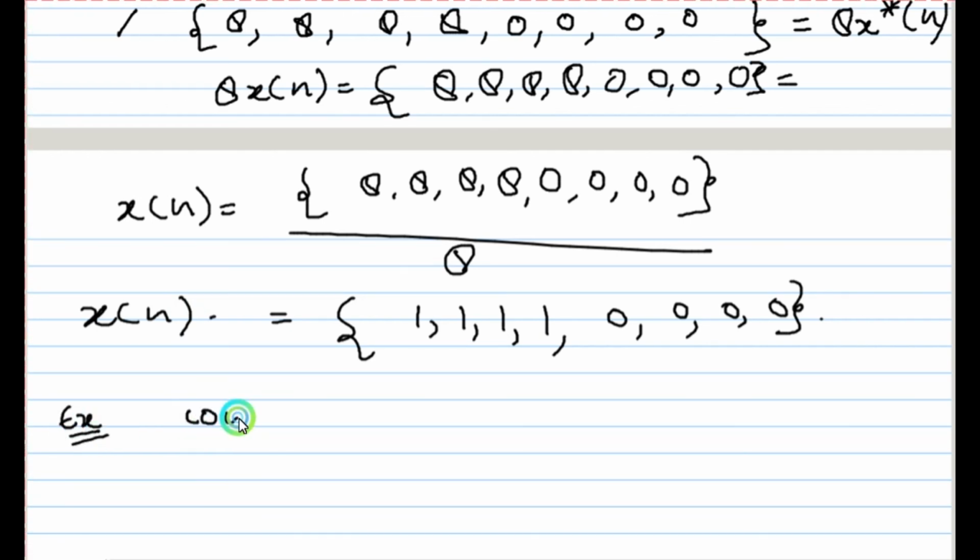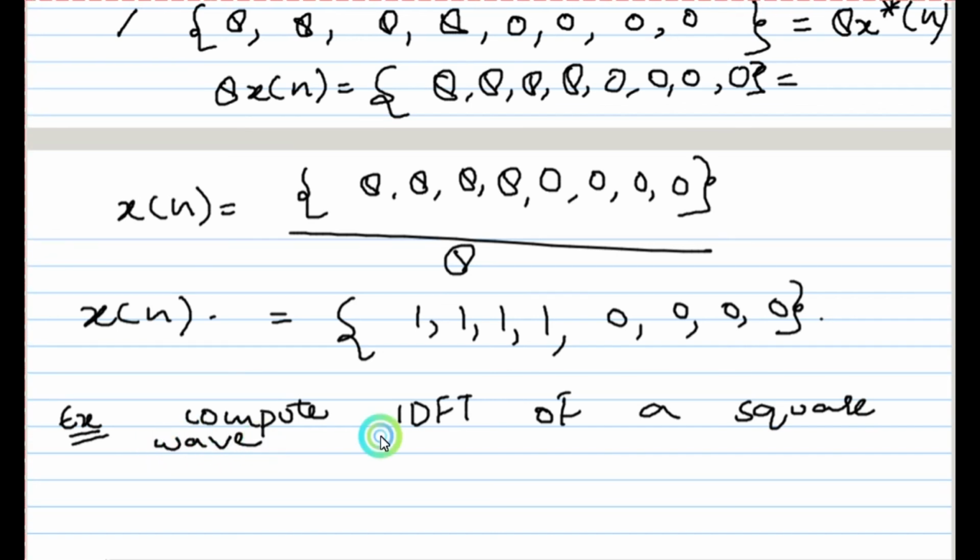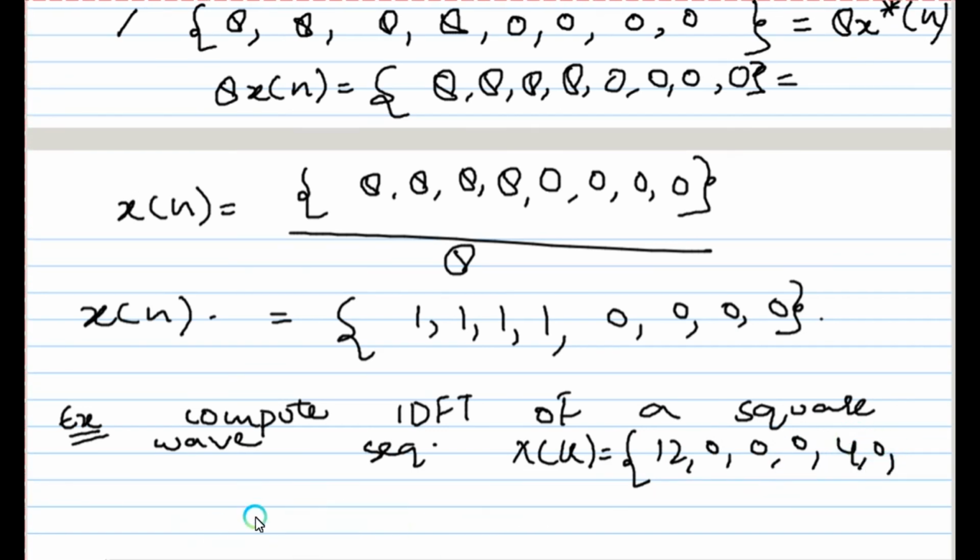It says compute the IDFT of a square wave sequence x of k, which is equivalent to 12 comma 0 comma 0 comma 0 comma 4 comma 0 comma 0 comma 0, using the DIF algorithm. Again, this example is to be done at home.